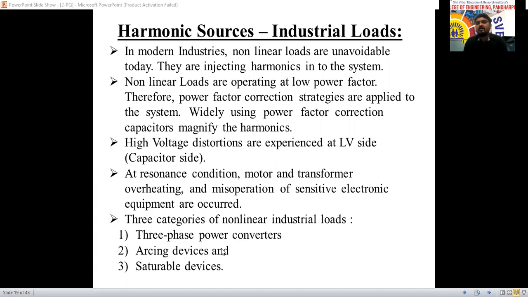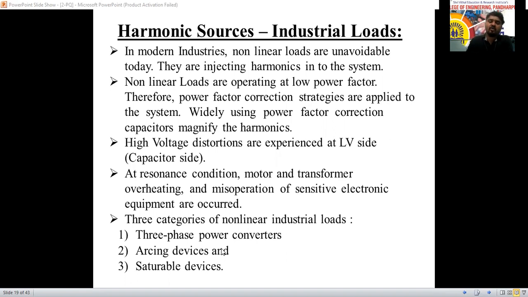In the diode rectification or SCR characteristics, we considered three regions: saturation region, cutoff region, active region. Yes or no? Likewise for MOSFET and IGBT, in semiconductor characteristics there are three regions: saturation, cutoff, and active. The devices that operate in the saturation region are the saturable devices.